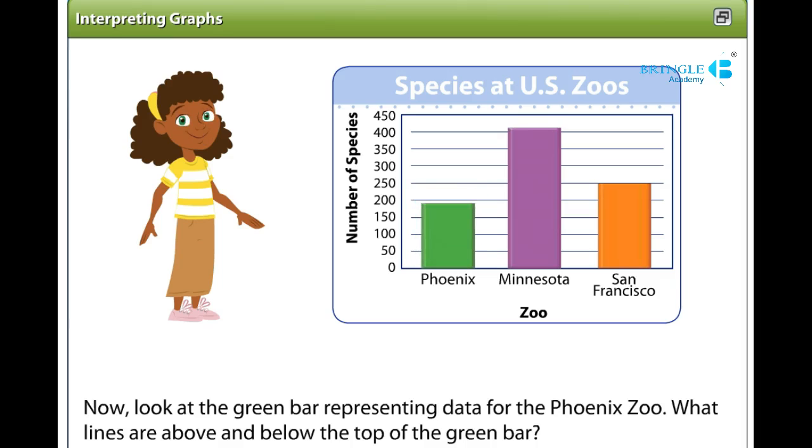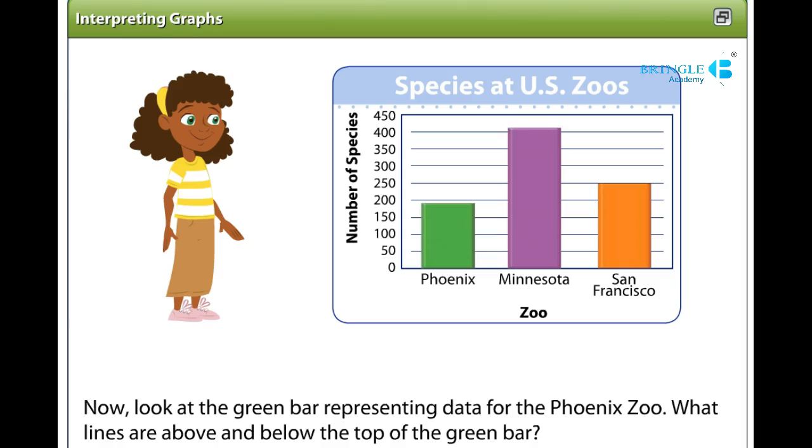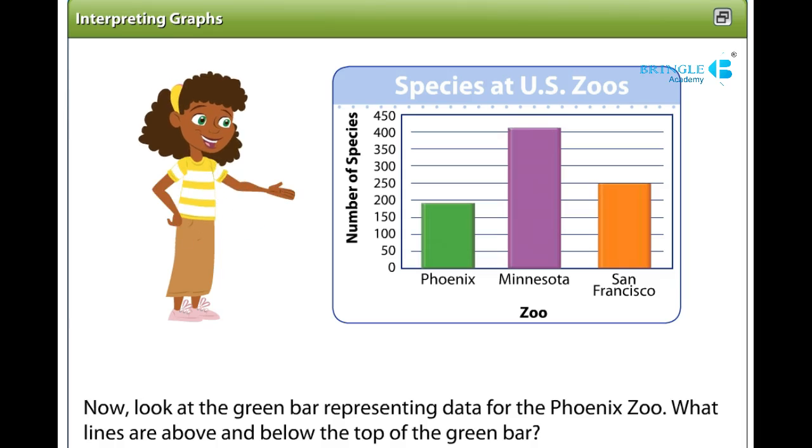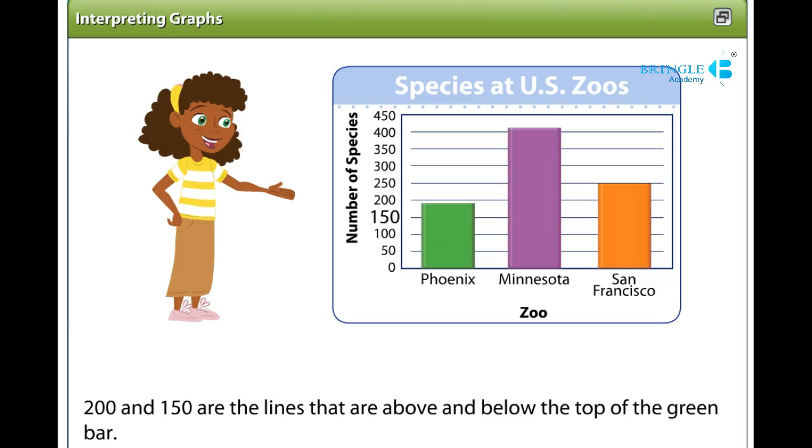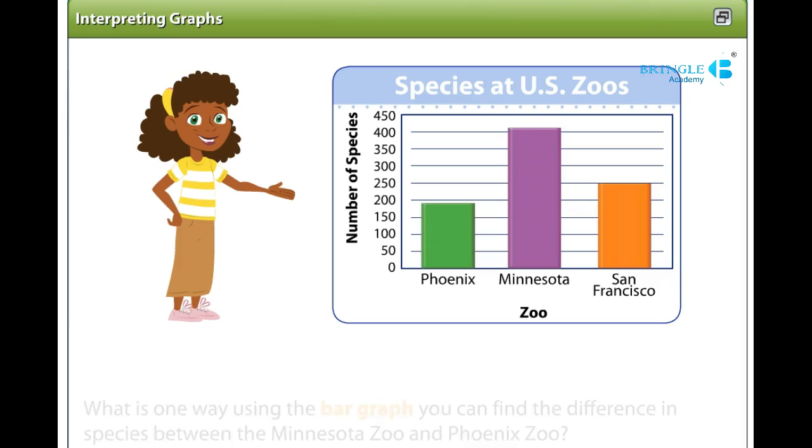Now, look at the green bar representing data for the Phoenix Zoo. What lines are above and below the top of the green bar? 200 and 150 are the lines that are above and below the top of the green bar.